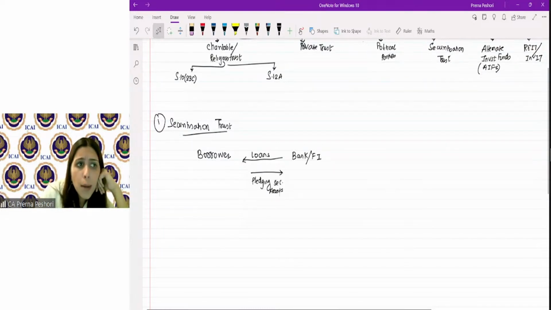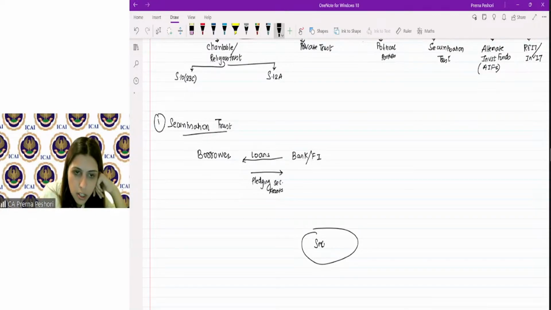Now, usually what happens is, in order to avoid any default, the bank pledges the assets to the securitization trust. Let's assume there is one securitization trust to which the bank will pledge the assets, and this trust will give the funding to the bank.